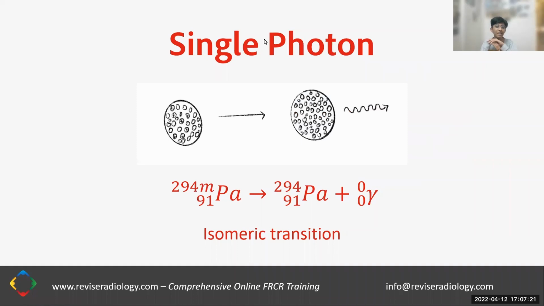Now, what is the radiation process that's involved here? It's one of the types of radioactive transition which happen. This type of transition is called an isomeric transition, and you can see what's happening in the equation given on the screen.